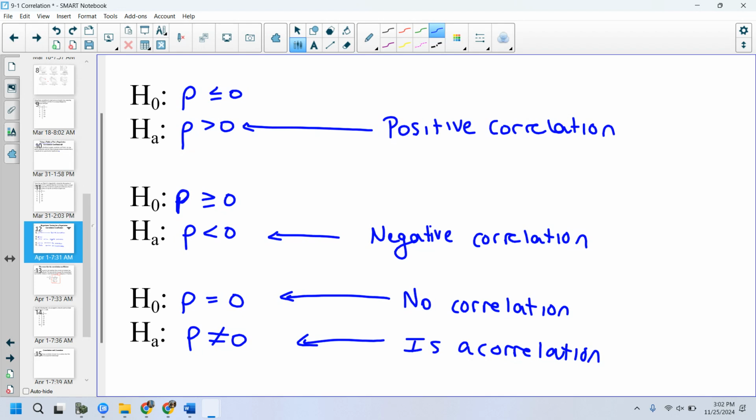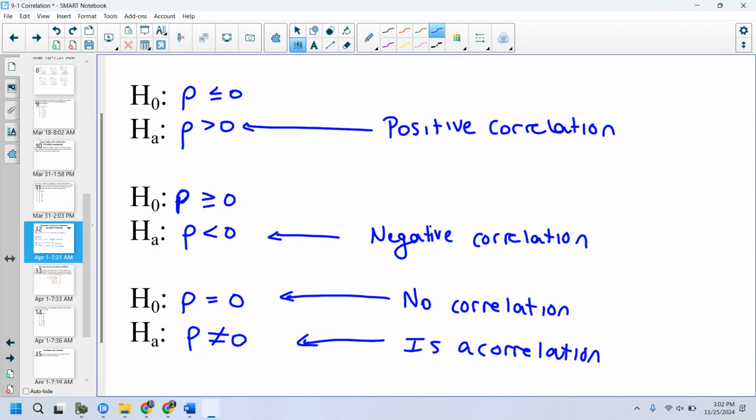Notice how I am only focused on the alternative. The reason is because I want to be able to support a positive correlation or support a negative correlation. I want to prove that there is a positive or a negative correlation, or prove that there is a correlation, right? So the only way to support a claim is when I put it in the alternative hypothesis. That's why I am not really saying anything about the null.